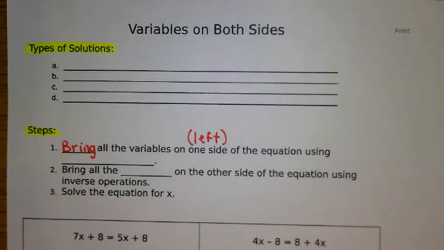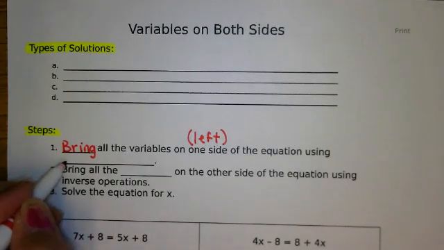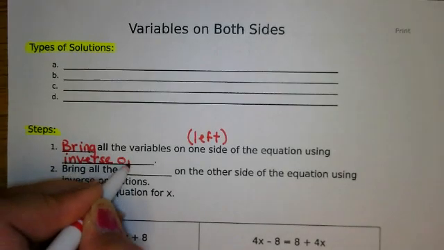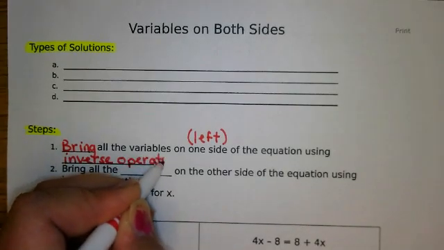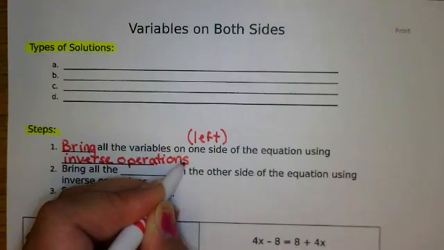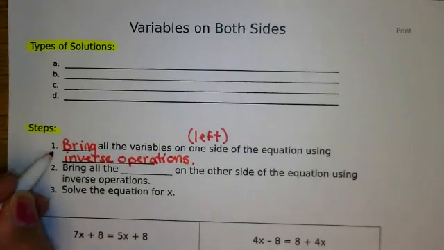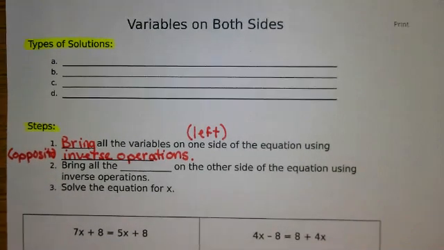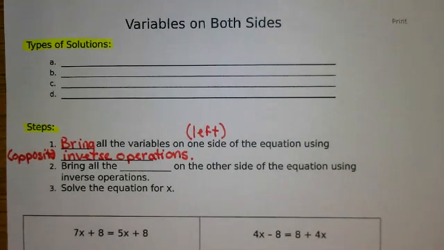You're going to move it to one side of the equation using inverse operations. And for those of you who need that little reminder, inverse just means opposite. Okay, so I'll put opposite in parentheses if you need that. And my E looks a little sloppy.